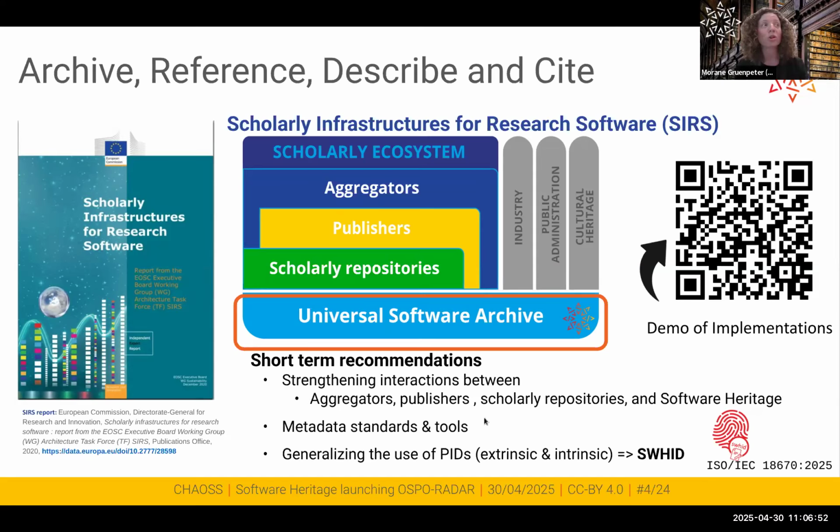So the short-term recommendations from this report are strengthening the interaction between these infrastructures, metadata standards and tools, and the generalization of the usage of the PIDs, which are extrinsic or intrinsic. But here we talk about the intrinsic identifier, the SWID, and we just mentioned the ease of standardization, but I think I will mention that every 2 seconds, but tell me if it's too much.